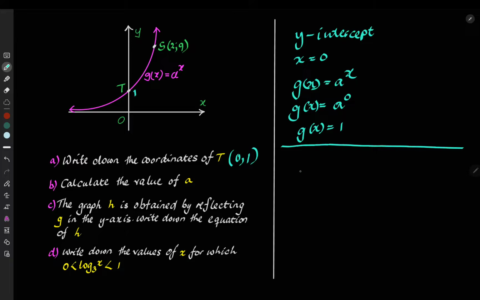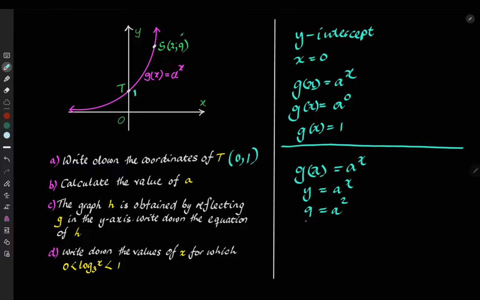So we'll use the point (2, 9). Using the point (2, 9), remember again, g of x is equal to a to the power of x. Then g of x, in this case, will be the y value. So y is equal to a to the power of x. Then the y value is 9. So 9 is equal to a to the power of what? The value of x here is 2.